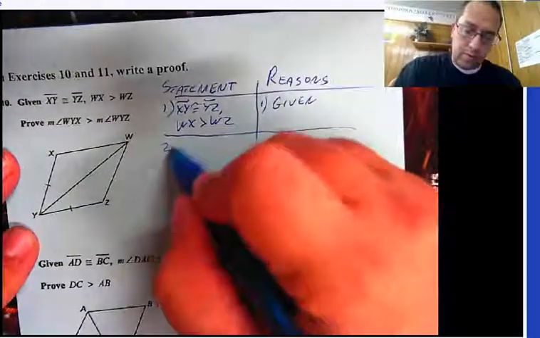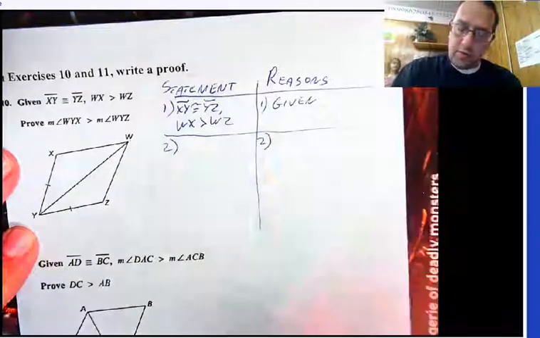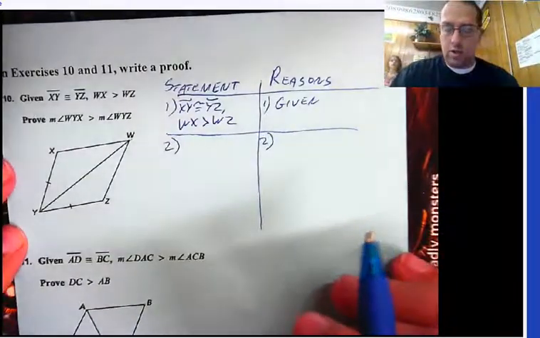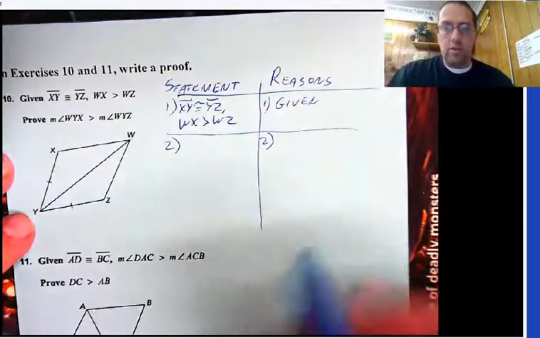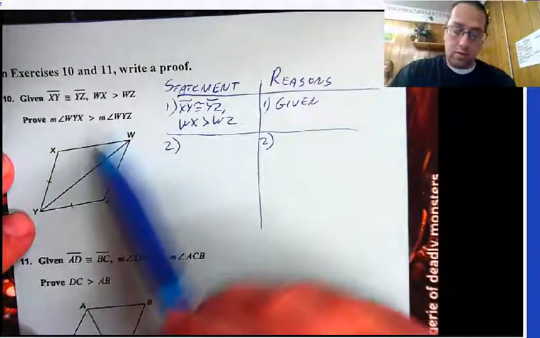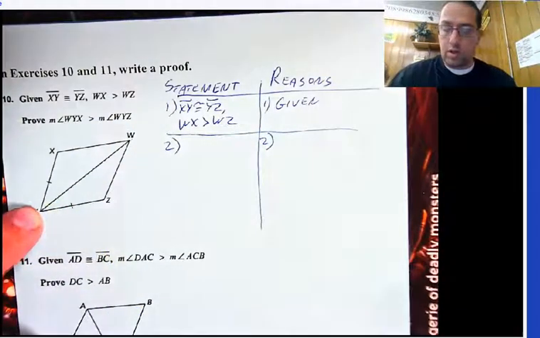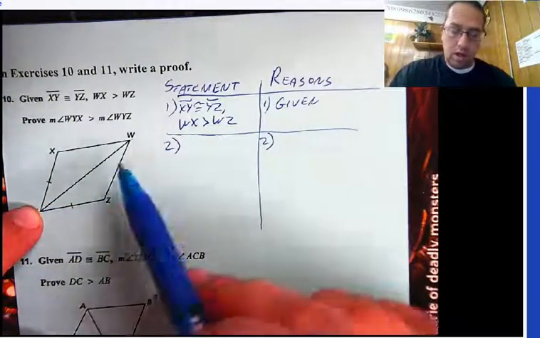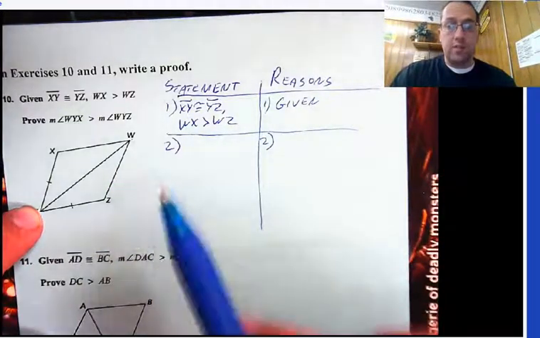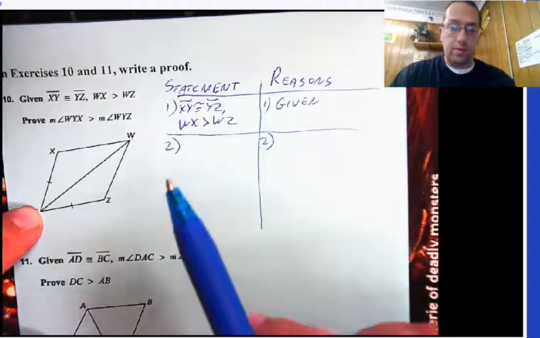Okay, so we need to prove two angles are unequal. One is bigger than the other one. So we're looking for the Hinge theorem, right? Or the converse, because we are trying to prove the angle, so we're looking at the converse of the Hinge theorem. And for that to work, the sides that form that angle have to be congruent.